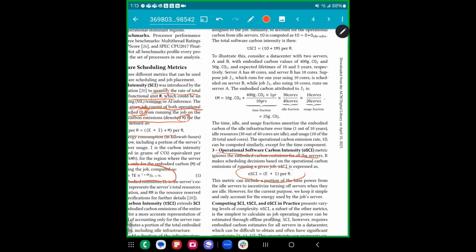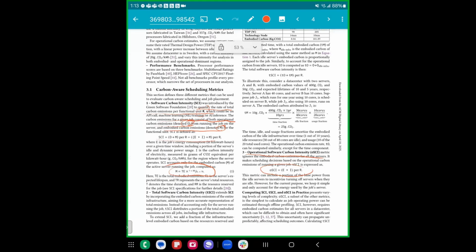And they claim that if you stick with it, you will end up using less carbon, so you will reduce your carbon footprint, because based on their mental experiments and a bigger case study in an academic data center, they claim that the SCI metric actually results in scheduling decisions, like how you decide which software to run on which server, that result in higher carbon footprint.